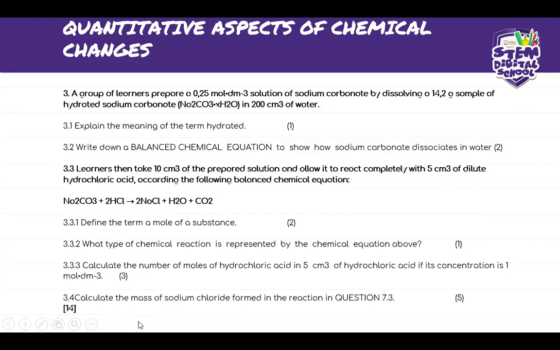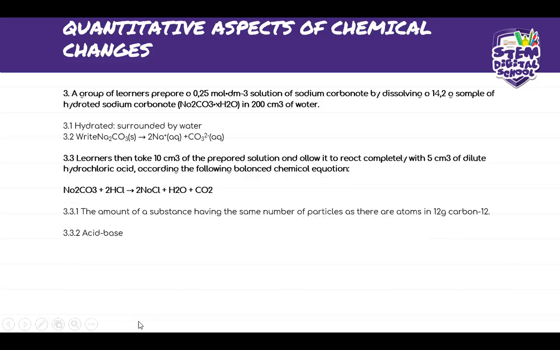Okay, surrounded by water. So now it says write a balanced chemical equation to show how sodium carbonate dissociates in water. Na2CO3 plus H2O gives you... Let's see the equation in this case.